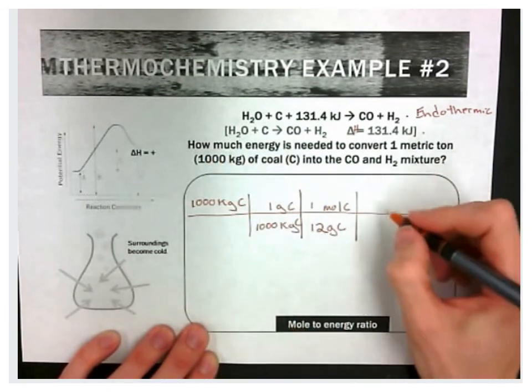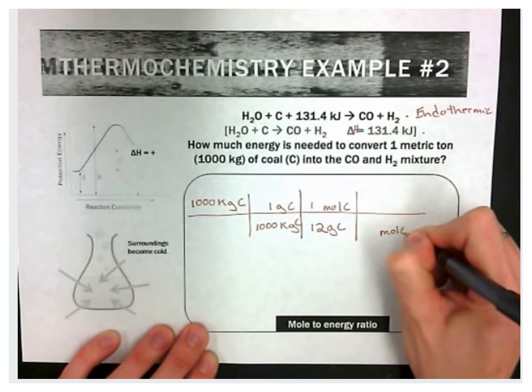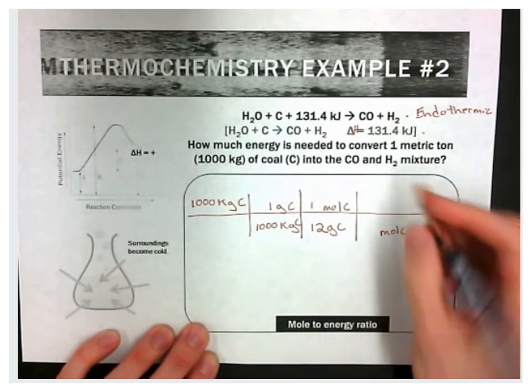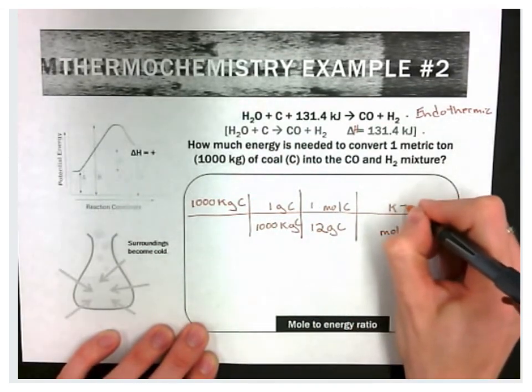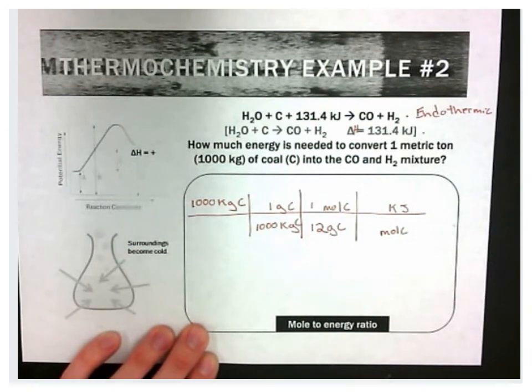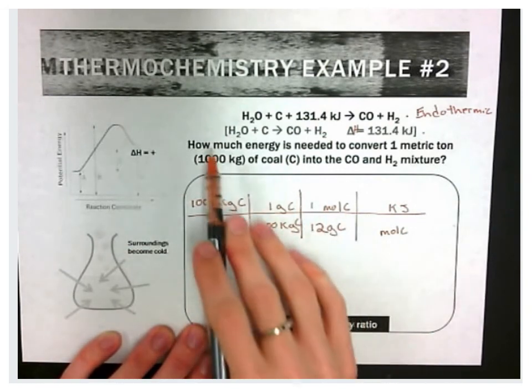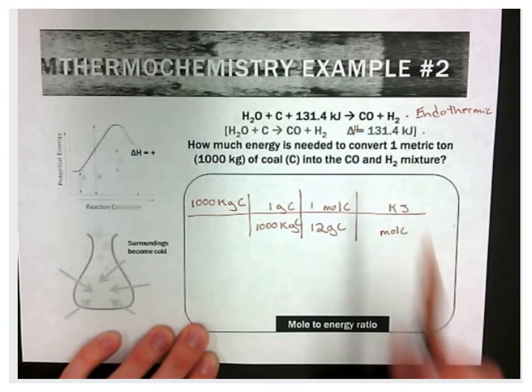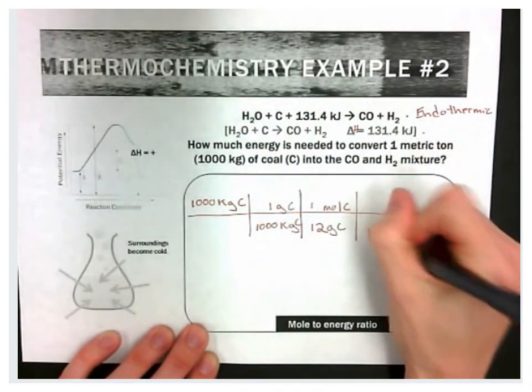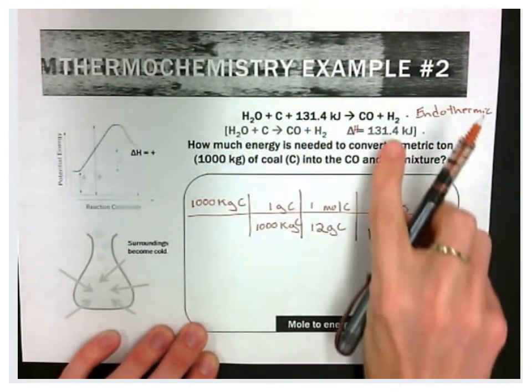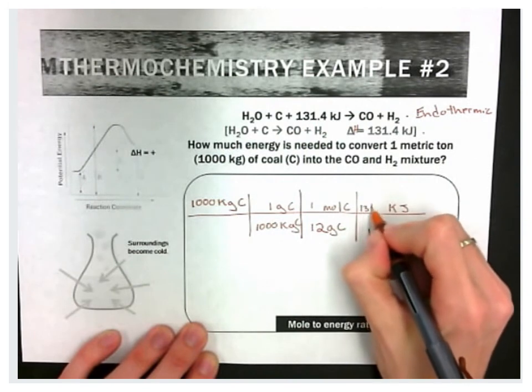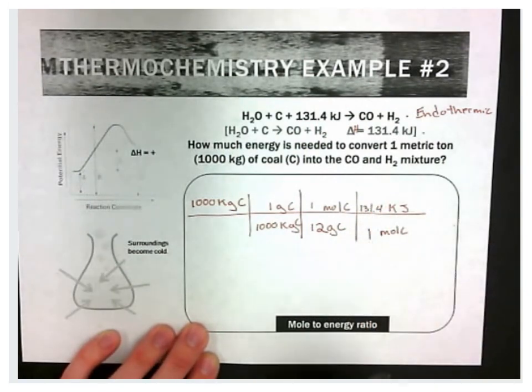I'm ready to do my mole to energy ratio, where I have moles of carbon and I want kilojoules. The ratio comes from my balanced equation. You have 1 carbon, and for every 1 carbon, you need 131.4 kilojoules.